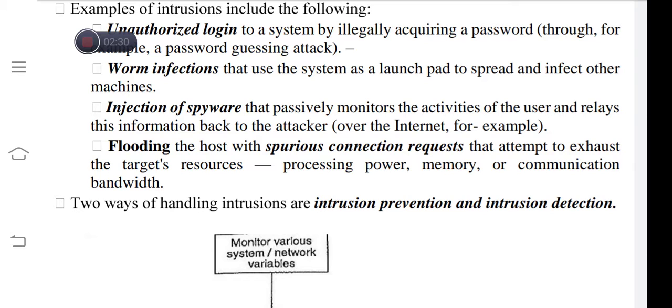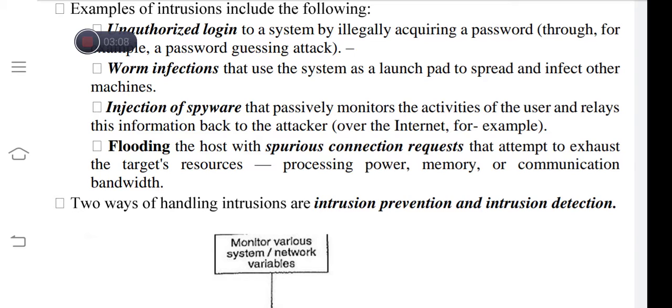Obviously, they will make use of the internet to do the activity. The next example is flooding, that is, flooding the host with spurious connection requests that attempt to exhaust the target's resources. For example, he may send requests so that resources may be consumed.